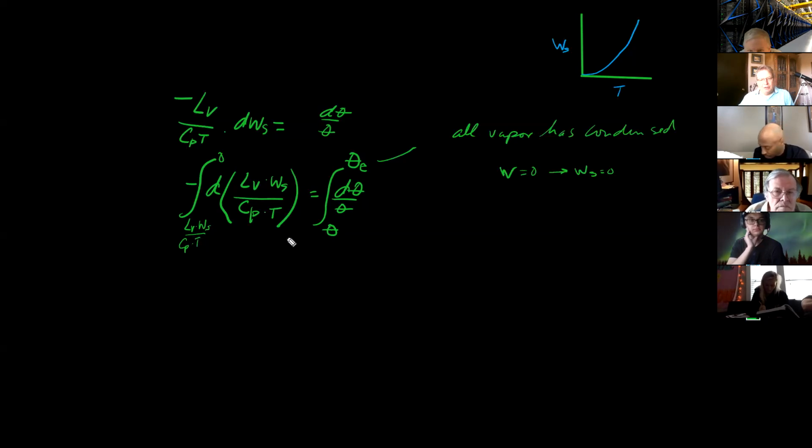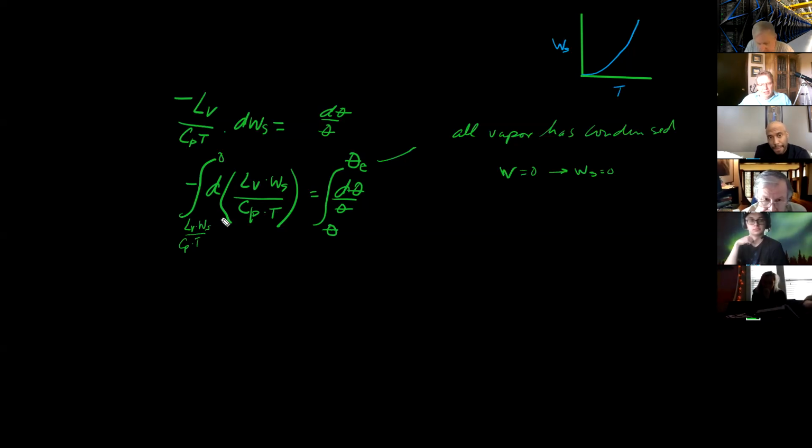I'm integrating limits. Now we know the LV and CP are constant, so that's not a big deal. But when the air becomes saturated for the first time, there is some capacity and some temperature where this is happening. That's the LCL, and I have a theta at that point. Theta has not changed from the ground to the LCL, right? It's constant. It's an isentropic ascent. And then I go to theta E where it goes to 0.